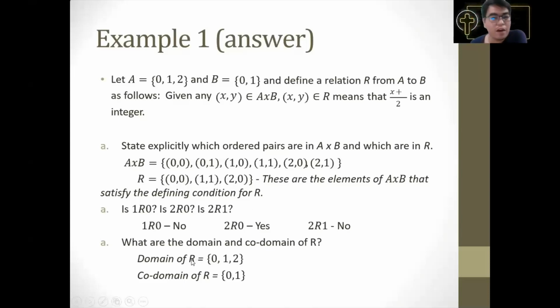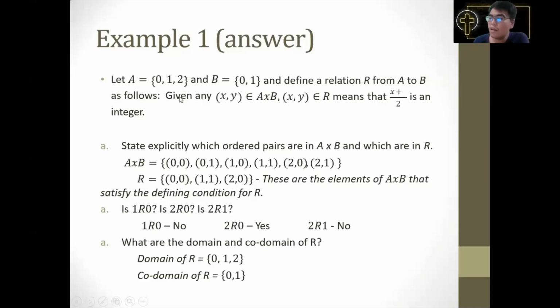That is the domain of R. While the codomain of R are the second terms of all the ordered pairs of R. So in short, the domain would always come from set A, and the codomain would always come from set B.